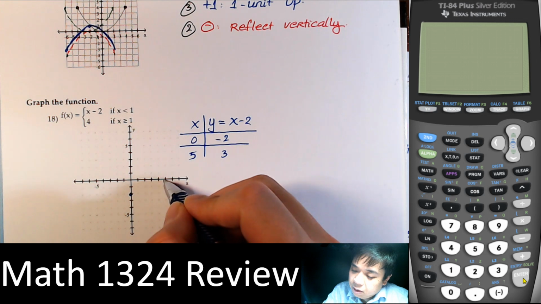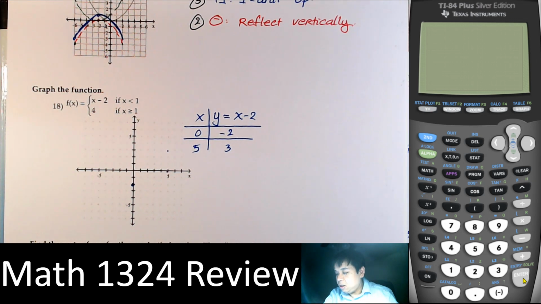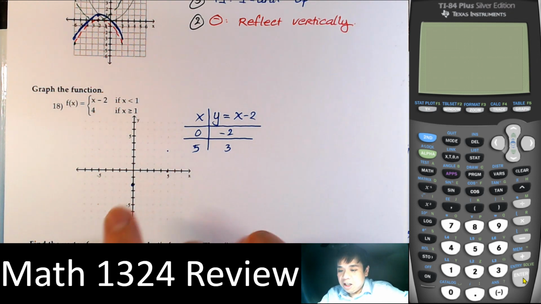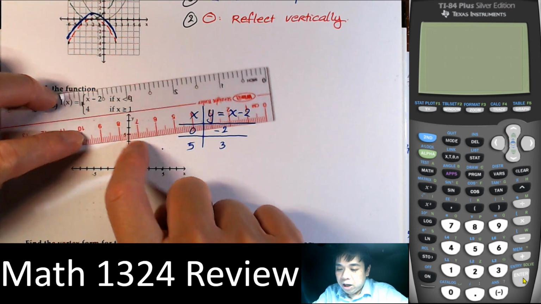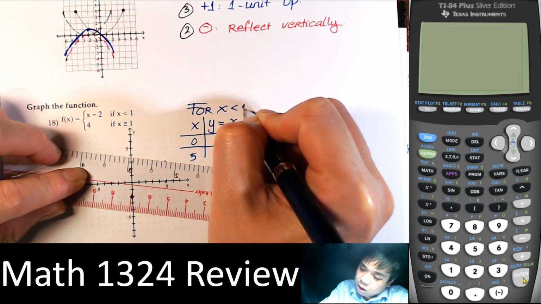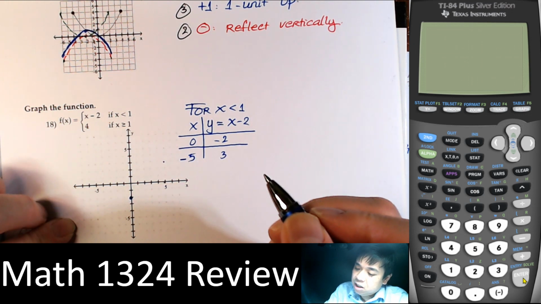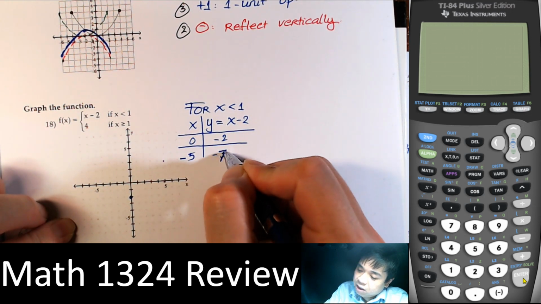And then x equal to 5, y equal to 3. However, this is only when x is less than 1. So in that case, actually, I should choose something that is negative. Right? If it's negative 5, that would be negative 7. Okay. Better.